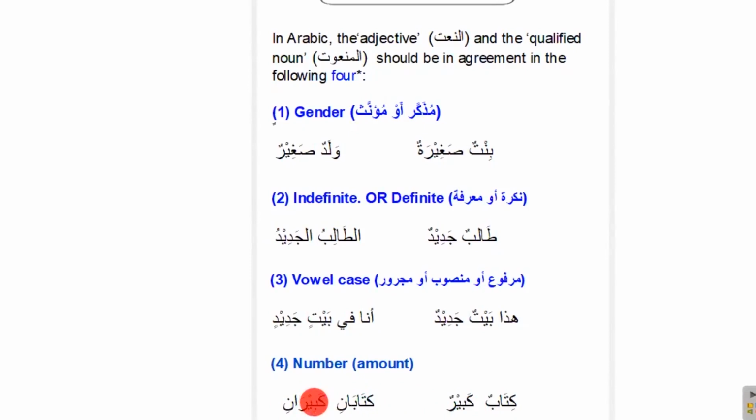So, kitabani kabirani, two big books in Arabic. Here kabirun, but here kabirani. So you see the adjectives vary when the nouns they describe are different in terms of number. I hope that is clear.